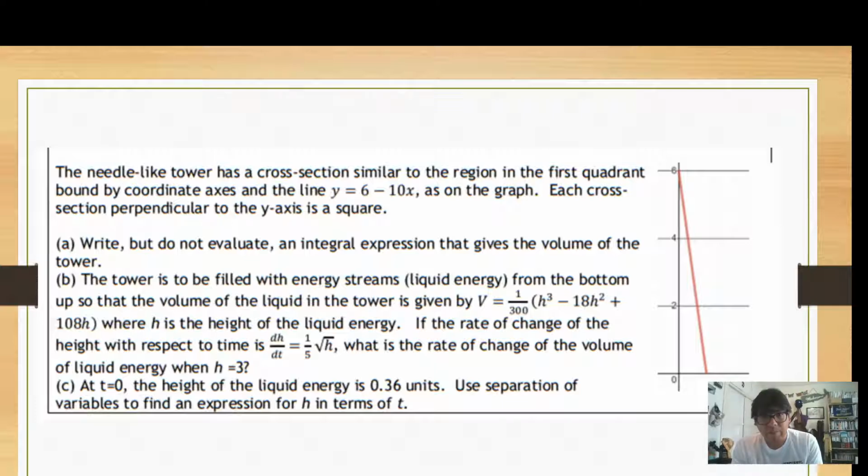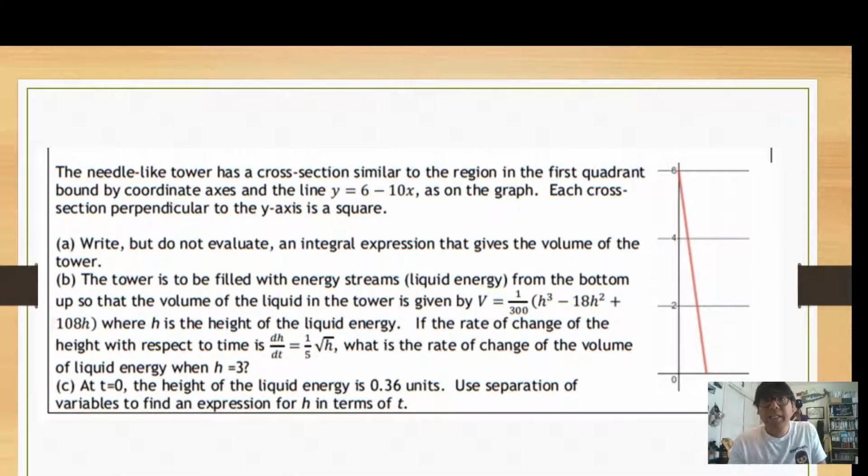If the rate of change of the height with respect to time, dh/dt, is 1/5 root h, what is the change in the volume of the liquid energy when h equals 3? And then finally, at t equals 0, the height of the liquid energy is 0.36 units. Use the separation of variables technique to find an expression for h in terms of t.